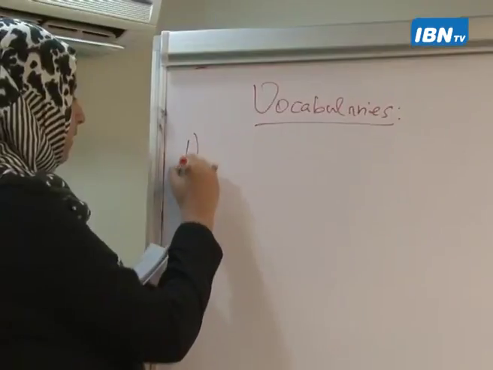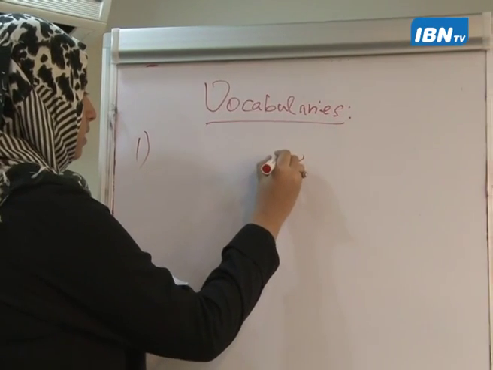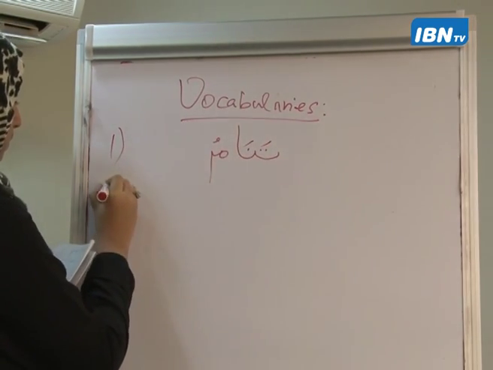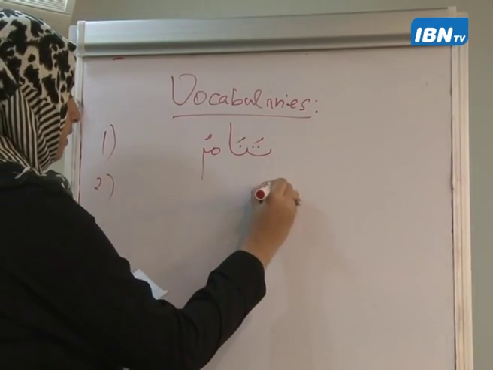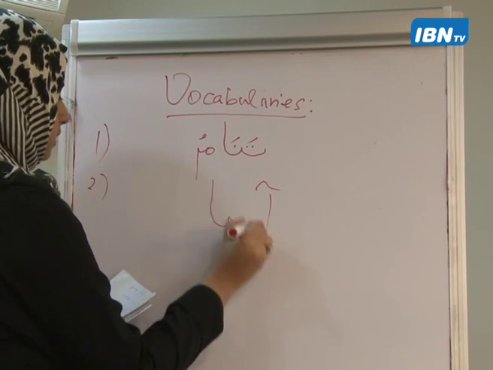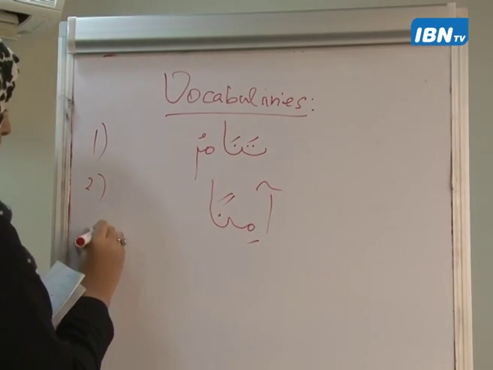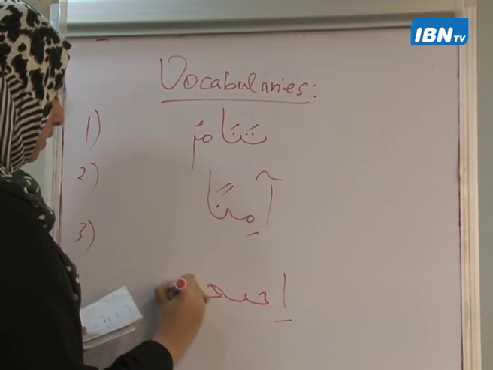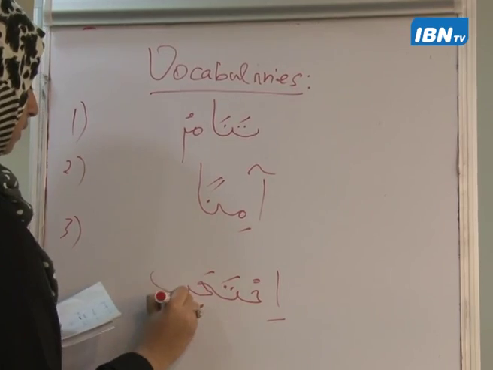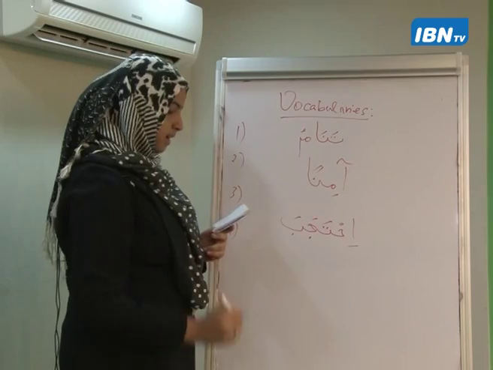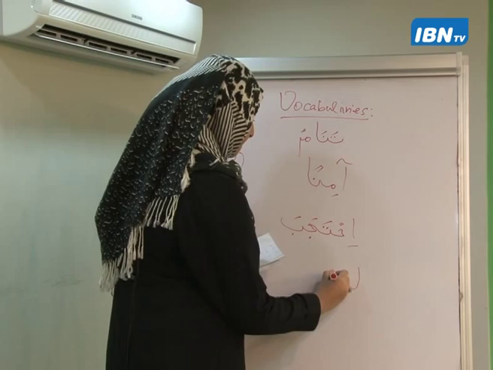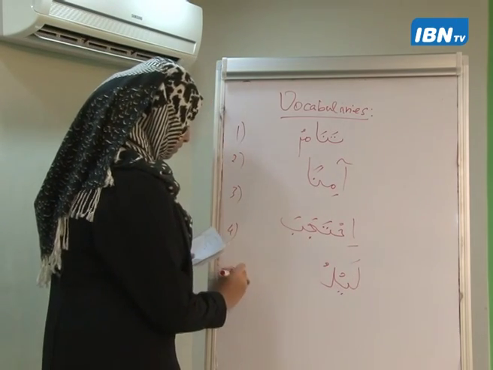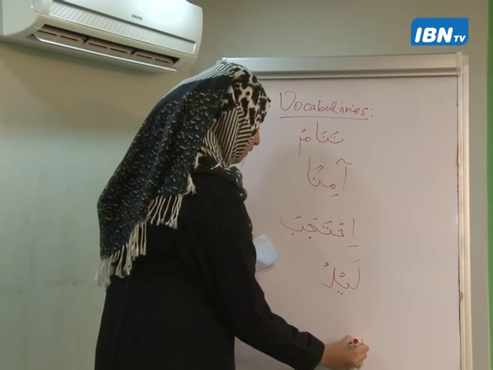So the first one we have is tanamu. Then we have aminan. Then we have ihtajaba. Then we have layl. We have bata.